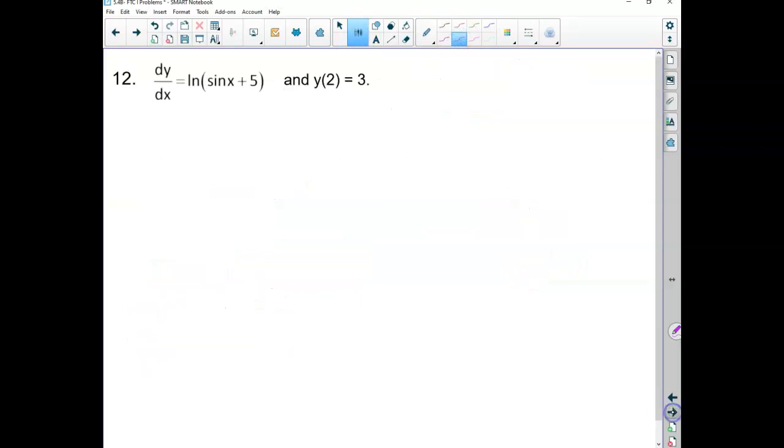Well, let's try another one here. They want me to construct a function that satisfies the given information. They're saying, okay, here's my derivative. I can't find the antiderivative of ln sine x plus 5. Think about it.